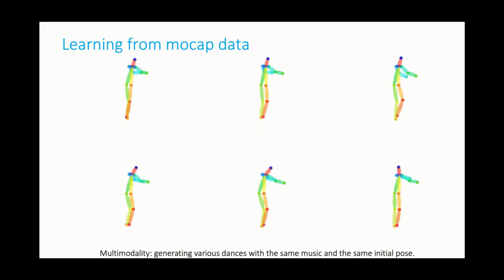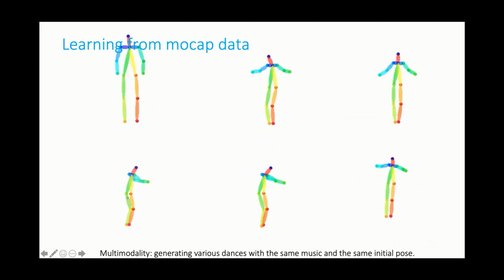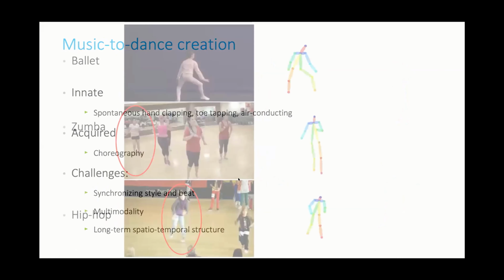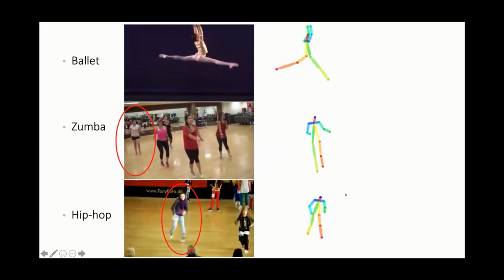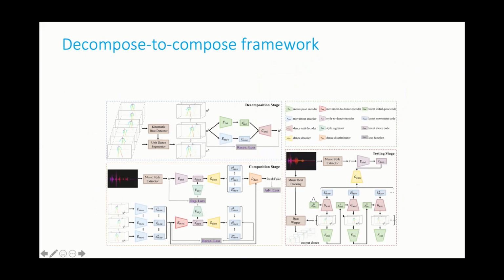So for that, we learn from mocap data from different dances, at least three dance styles. We take a Decompose-to-compose framework, which first decomposes the poses into units, then matches the motion and beats, and then we can combine them together and synthesize new results.